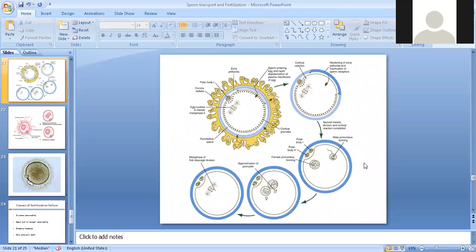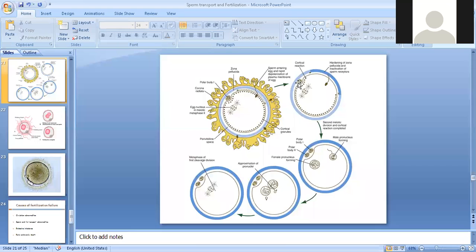So this is a pictorial depiction of how these things occur. See, the sperm gains entry into the perivitelline space, and the sperm pronucleus enters the female nucleus, the egg nucleus, and the second polar body is released. See, these are two polar bodies.